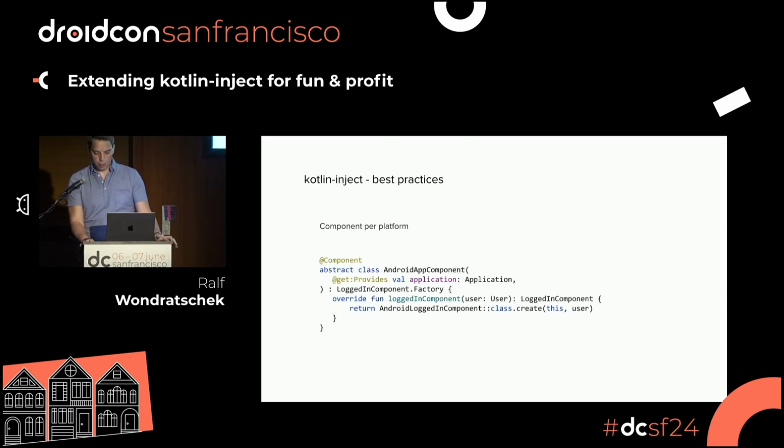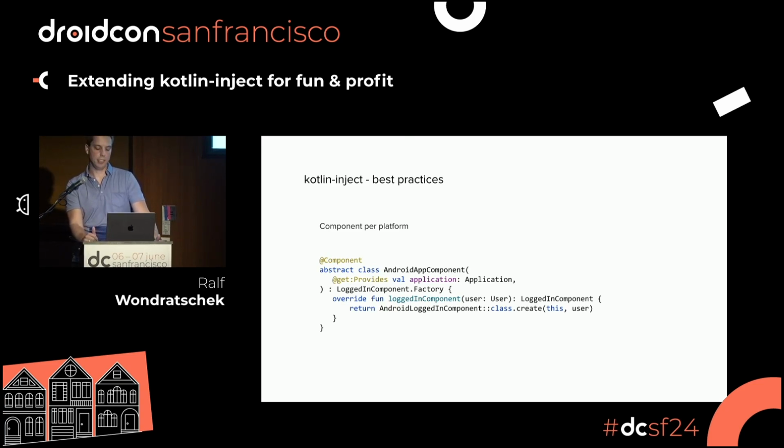And then for Kotlin Multiplatform in particular, we decided to create a component for each platform, which is even more duplication, but it's very beneficial. For example, for the Android flavor of our common Kotlin code, we decided to create the Android app component. And here we provide the application class. The application class is Android specific, so you cannot reference it in common code.